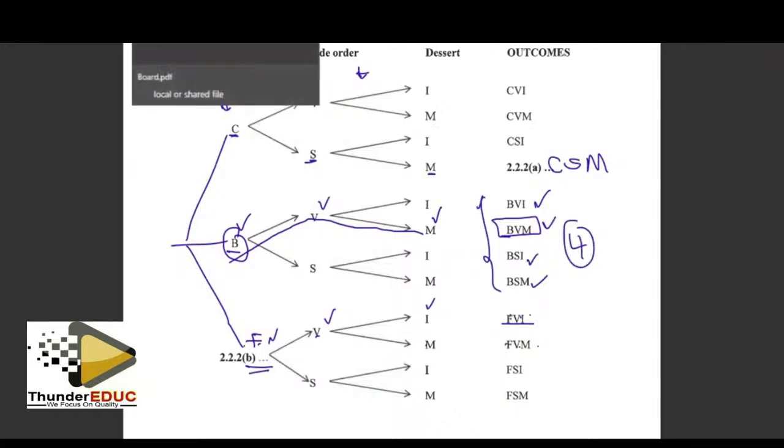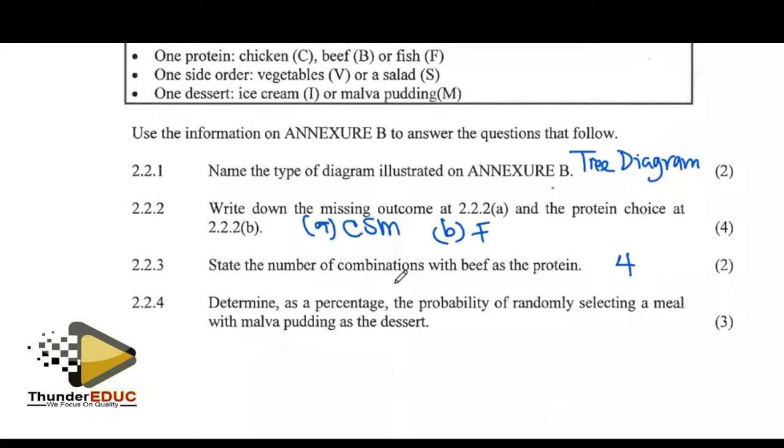The other question was, determine as a percentage the probability of randomly selecting a meal with pudding as a dessert. Now, what we're going to do, this is the sample. So probability will always equal sample over the population.